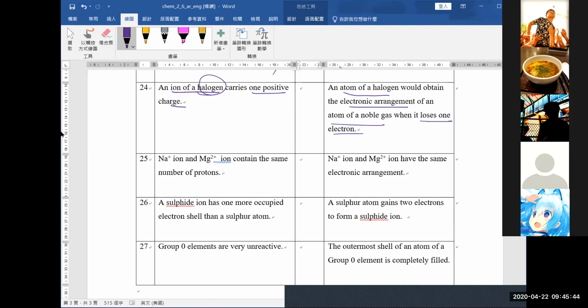Halogen, what is that? Which group of element do you describe as halogen? Halogen, we call that a salt maker, right? Which means salt maker.